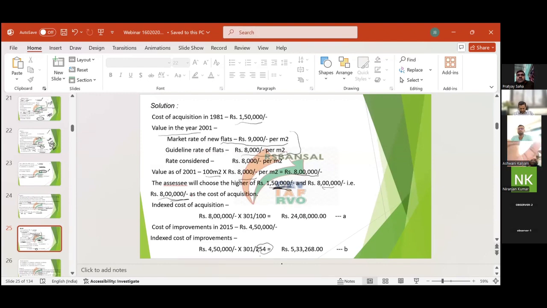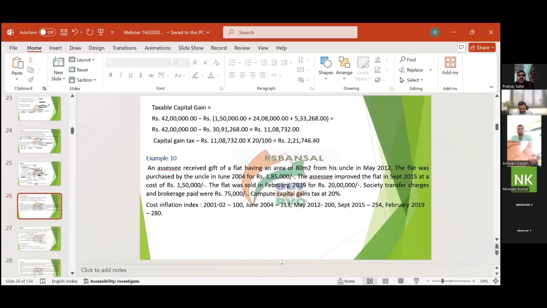So you calculate the total value A plus B. There is nothing new. The taxable gain you can calculate: this is the sale price, and from this you subtract the cost of acquisition and other things. You calculate the taxable gain, which is 11,08,732. And from here you can calculate capital gain tax at the rate of 20%.